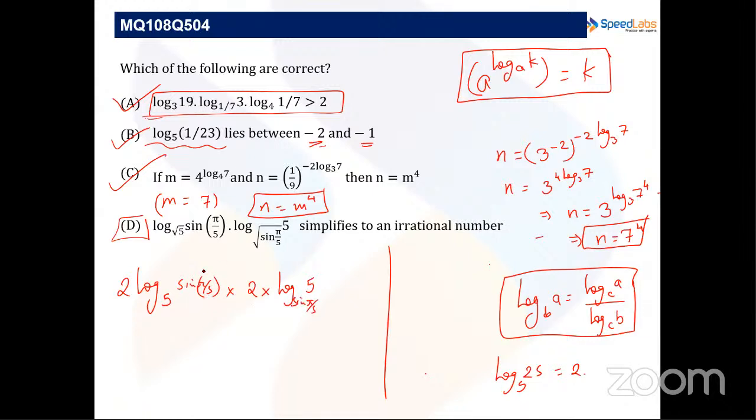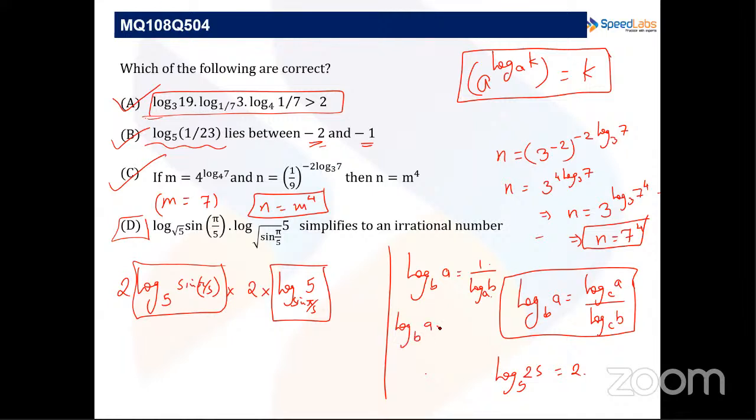So from the base change property, we know that log a to the base b is 1 upon log b to the base a, and from this we can say that log a to the base b into log b to the base a equals to 1. So these two quantities will cancel out and we will get 4. And 4 is not an irrational number, it is a rational number. So option D is not correct. So the correct answers are A, B and C.